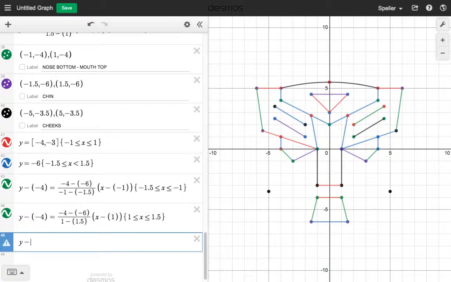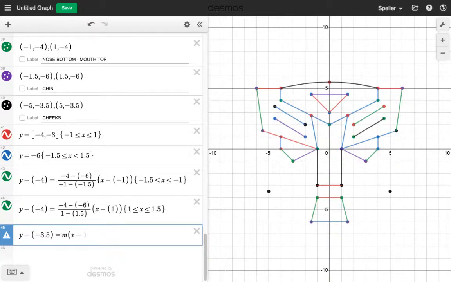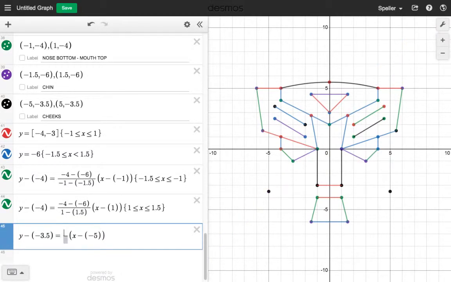So y minus, and I'm going to place a negative 3.5, is equal to m times x minus, and we said that value there for the x is going to be -5. So I put that -5 in parentheses. Let's go ahead and put this slope on here. I have the y value of -3.5 for the point that I picked to start, and the x value is -5.